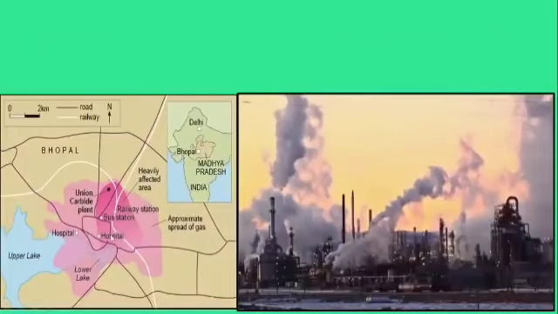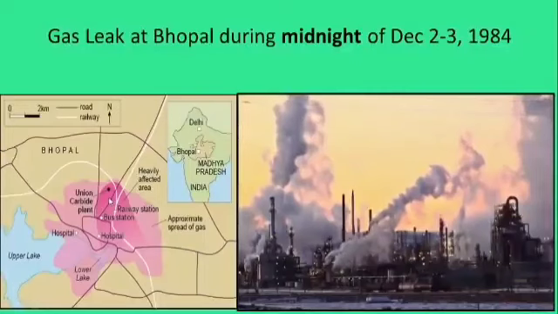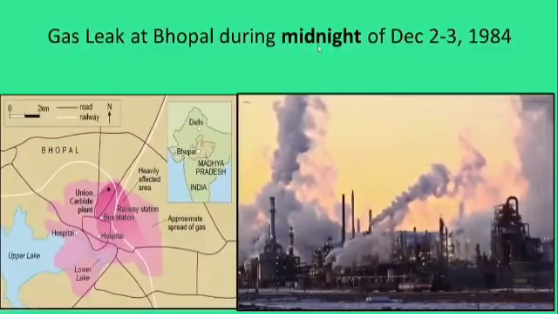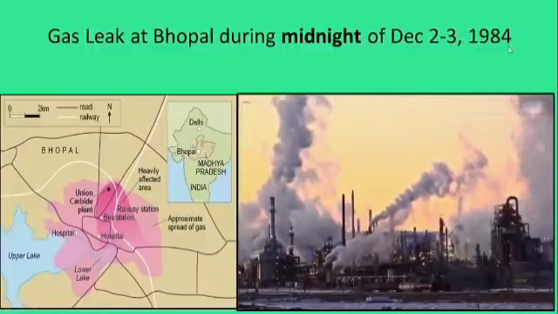Now these toxic fumes enveloped the entire city, and just outside the Union Carbide plant there was a railway station, bus station, hospital. There was a heavily residential area which was heavily affected. So the tragedy in the Bhopal plant affected a number of people. The gas leak at Bhopal during the midnight of December 2nd to 3rd, 1984 affected a large number of people.